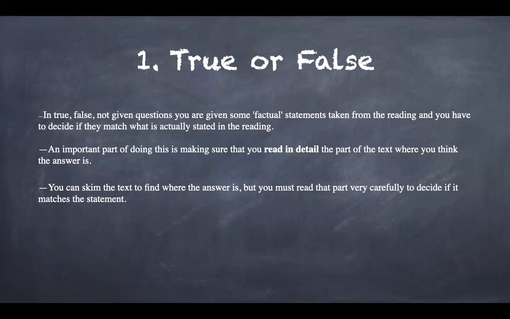So in true, false, not given, you will be given a question. You have to take the statement, match it in the paragraph information and search for the answer. Now, true, false, or not given is based purely on factual information, which means that whatever is given to you, it is factual information. Those are facts that you have to decide and take from the reading.